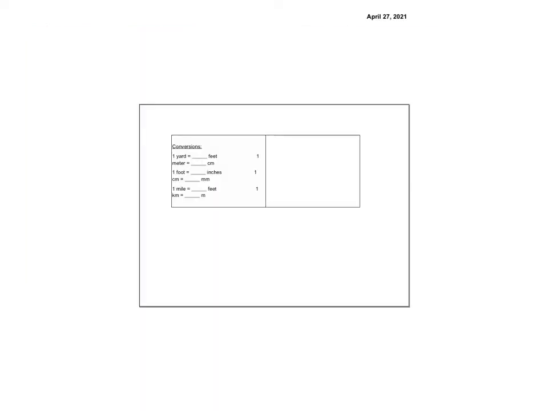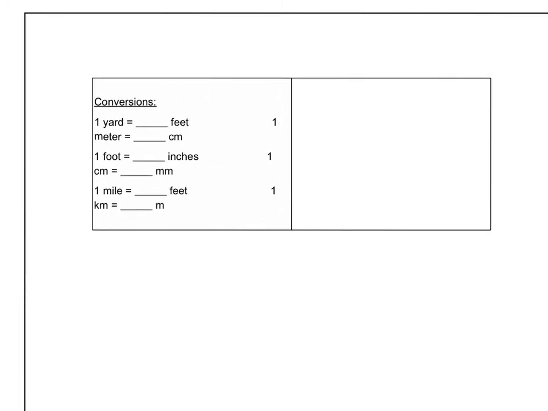Okay. A couple of conversion pieces that you should know. This got cut off, and I'm not sure why. 1 yard is 3 feet. 1 meter is 100 centimeters. 1 foot is 12 inches. 1 centimeter is 10 millimeters. 1 mile is 5,280 feet.